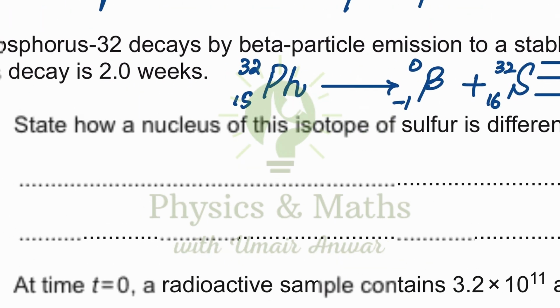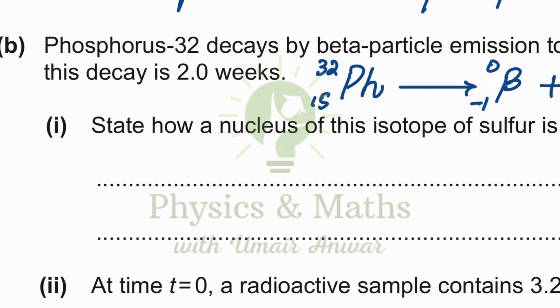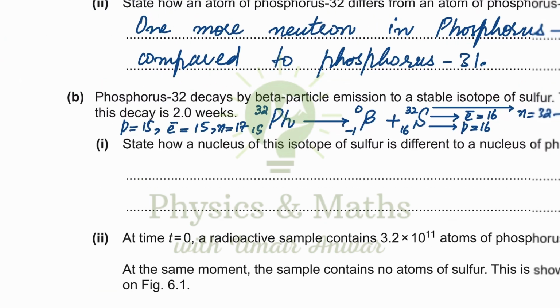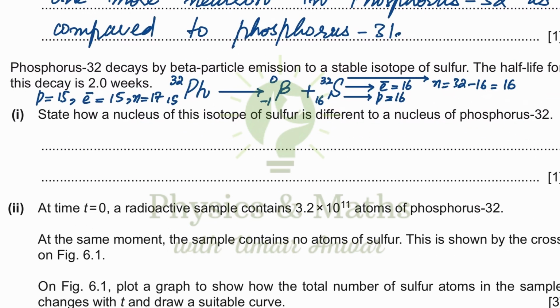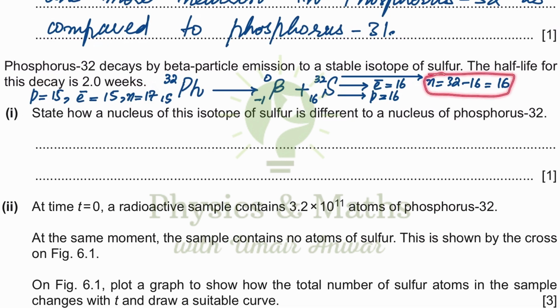Now for phosphorus, we had 15 protons, 15 electrons, and the neutrons here were 17. So we can see that the proton number from 15 has increased to 16. So there is one more proton present in sulfur, while the neutrons were 17 and now they have become 16. So neutrons have decreased by 1.